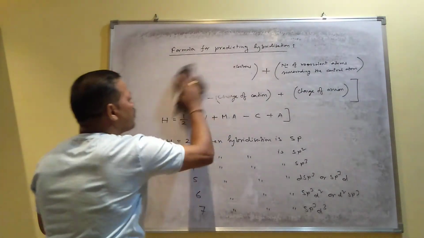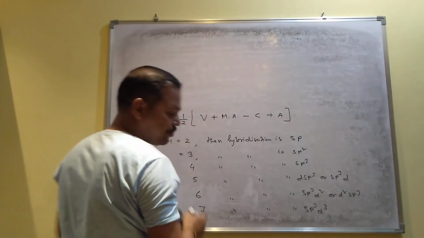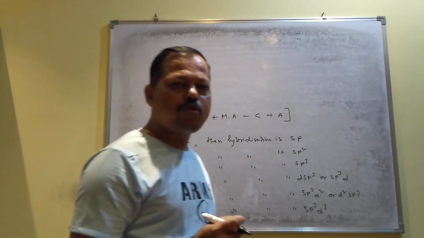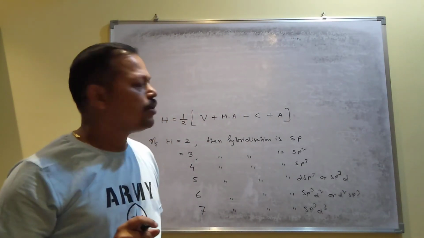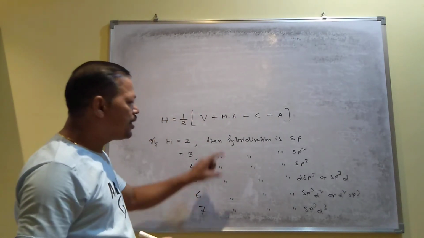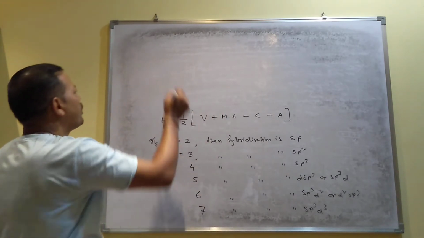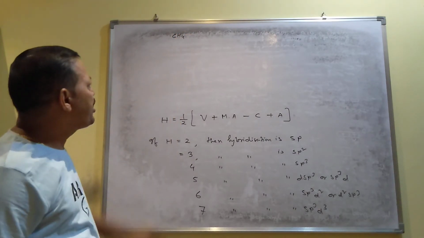First, as you know, methane, already you have drawn the orbital diagram. In methane, carbon undergoes sp3 hybridization. So we'll take the example of methane and I will apply this formula. Methane is CH4. Here who is the central atom?